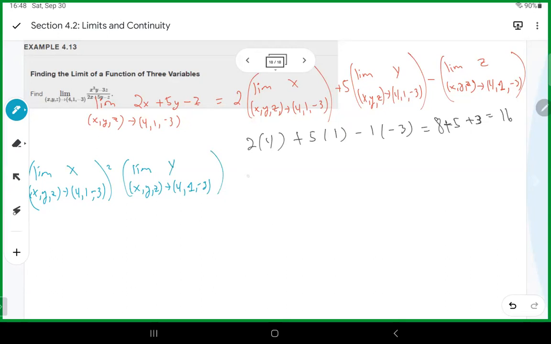Then it'll be a minus 3. And then the limit z.